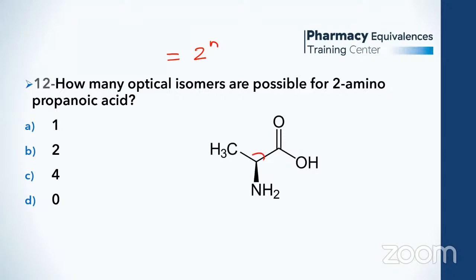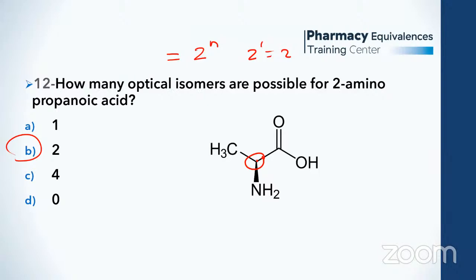Only 1 chiral center, which is this carbon. So how many optical isomers? 2 to the power 1 equals 2. Only 2 stereoisomers or optical isomers from this compound.